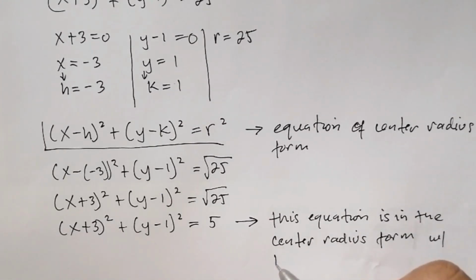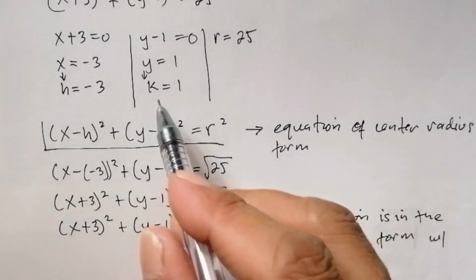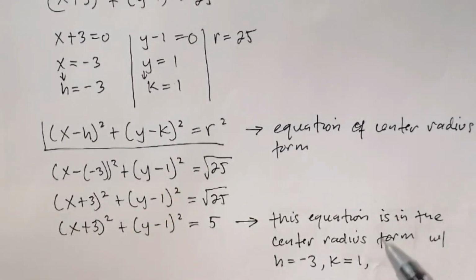With h is equal to negative 3, k is equal to 1, and r is equal to 5.